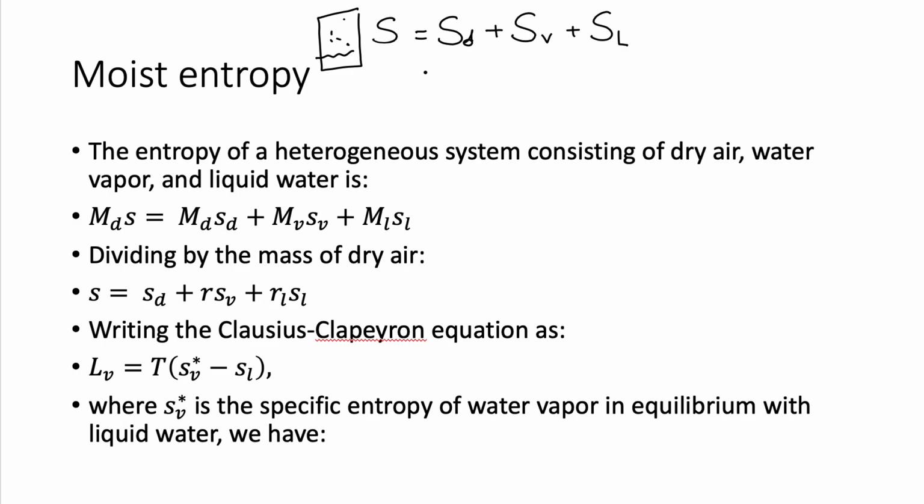specific entropies, you can separate entropies in mass and specific entropy, and by the definition of mixing ratios, then you get to this simple combination. Okay, the specific entropy in this system is the sum of the specific entropy of the dry air, plus the specific entropy of the vapor and the liquid water.